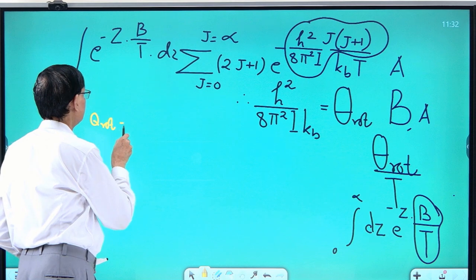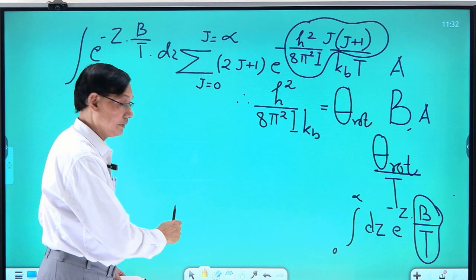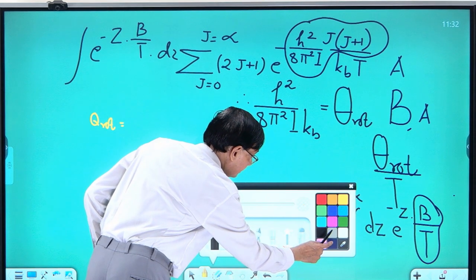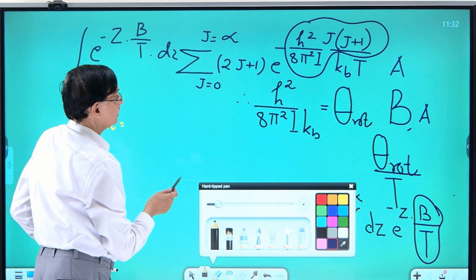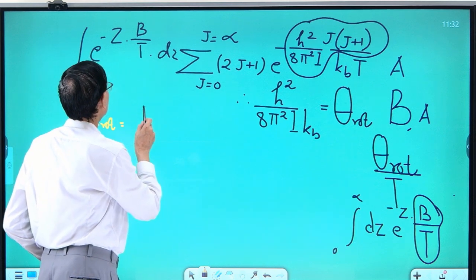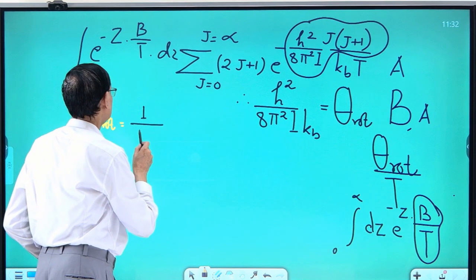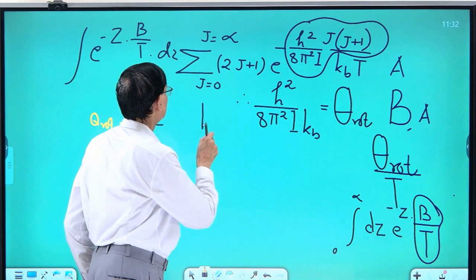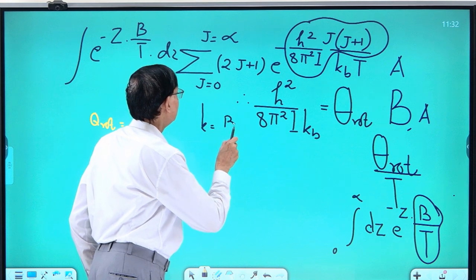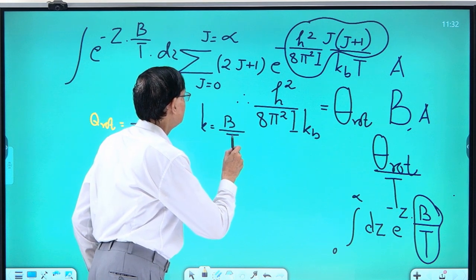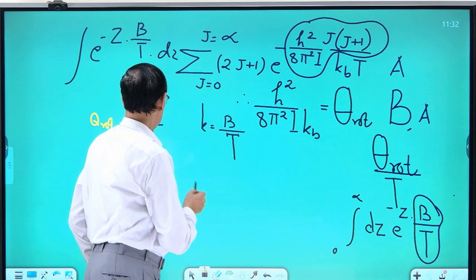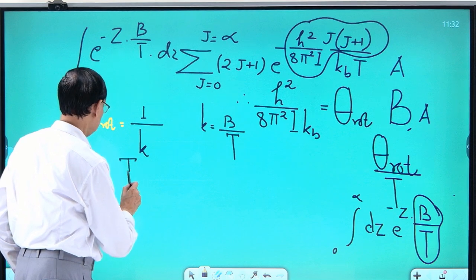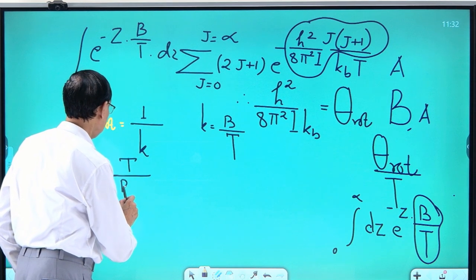Yellow color is not showing, so I can use this color, no problem. So what I am getting, 1 by k, and this k is b by t. So what I will get, t divided by b.